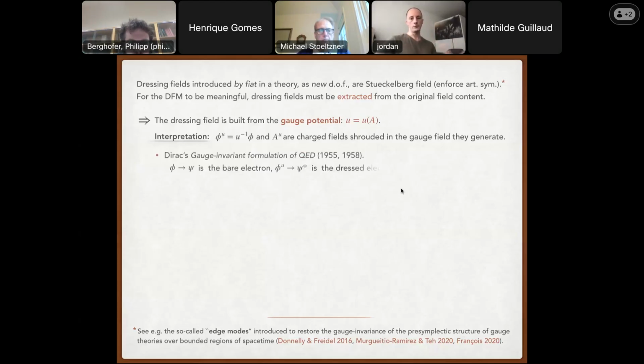And so, for example, Dirac's gauge invariant formulation of QED, in the paper of 1955, sorry, and also reprised in his book of 1958. He is doing QED, so phi in this case is psi, a bare electron, a spinor, and the dressed object is written as psi star.